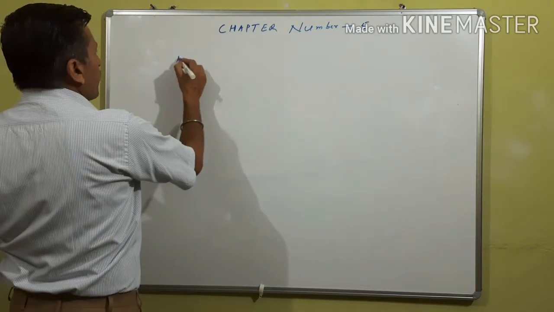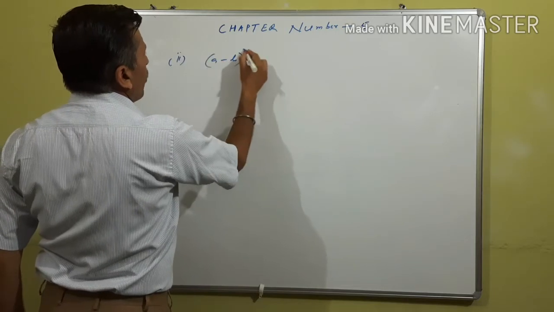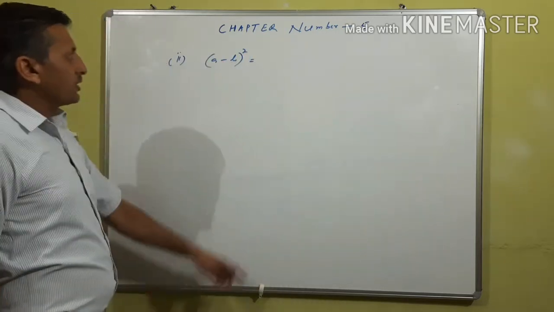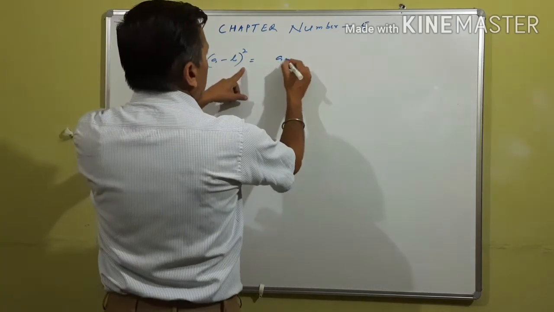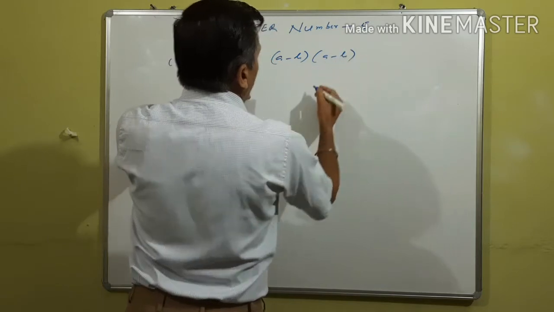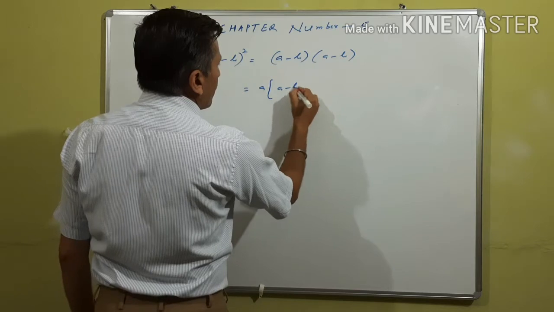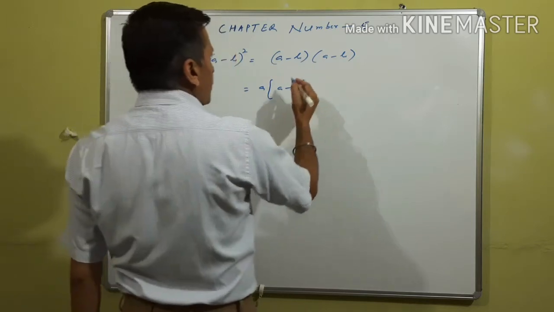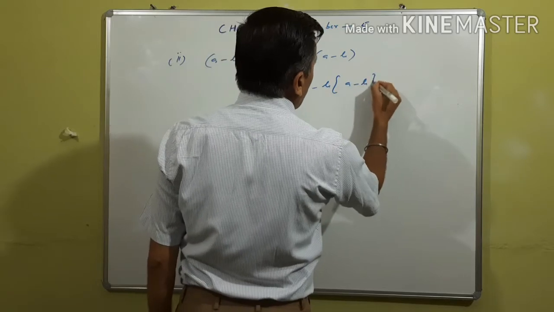Similarly, you can solve the next one, that is (a minus b) whole square. Once again its power is 2, that means the term is occurring 2 times. So (a minus b) into (a minus b), which is a into (a minus b), after this minus b into (a minus b).